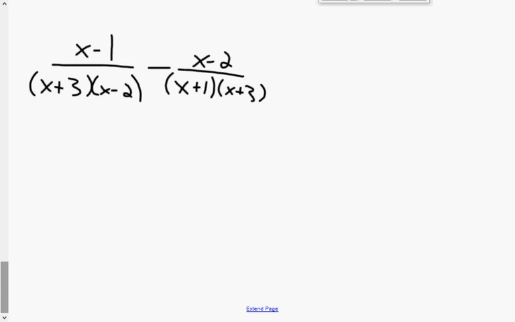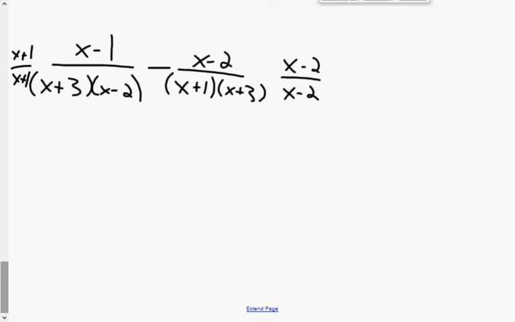I have an x plus 3 and an x plus 3, right? Cool. This one has an x minus 2, so this one needs an x minus 2. So I multiply both numerator and denominator by x minus 2. This guy needs an x plus 1. Oh, this is subtraction.